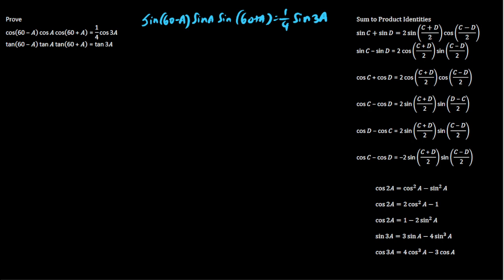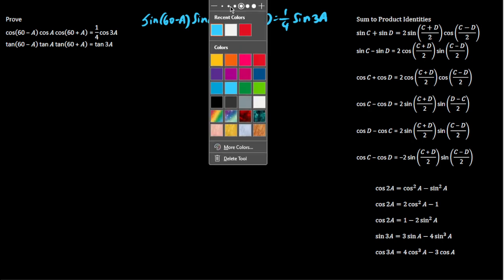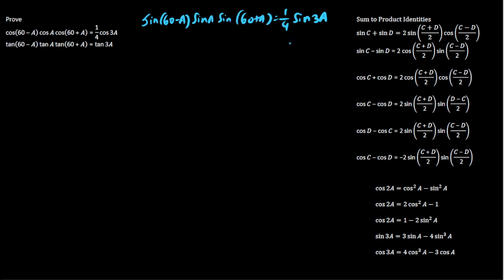You may want to look into that before you watch this video, just because this is a similar concept and it will help us to solve the tan identity that is shown here. So let's get to the problem first. Let's take up the first problem and let's call the tan identity the second problem.